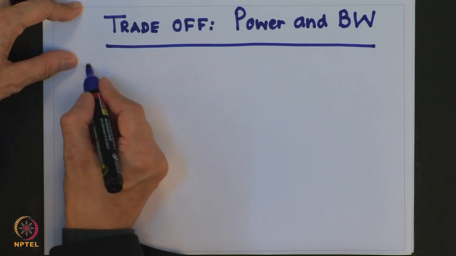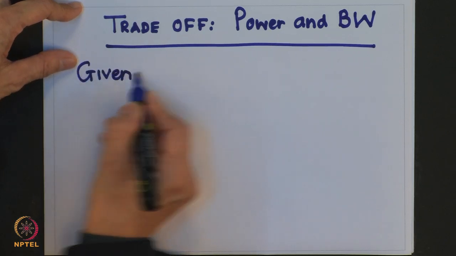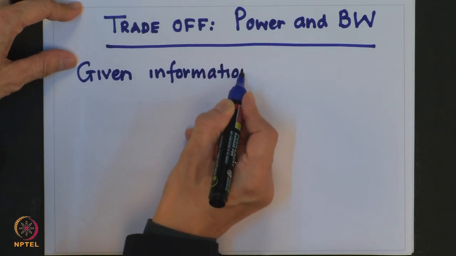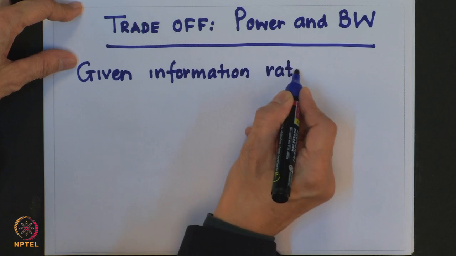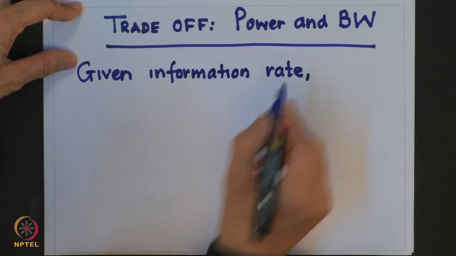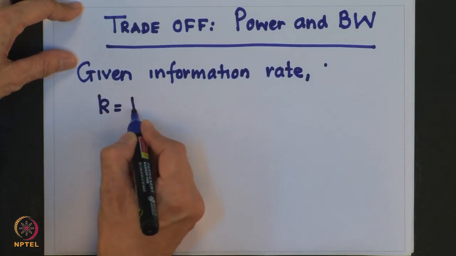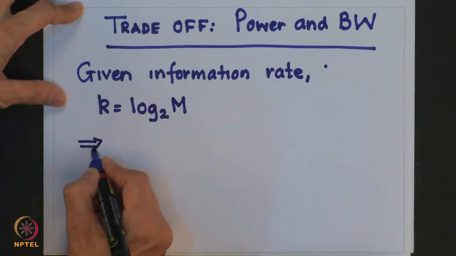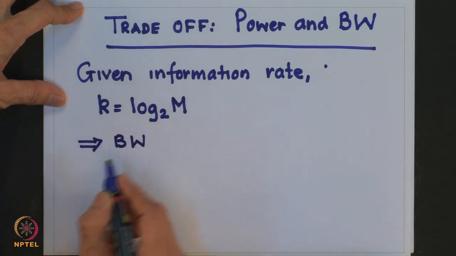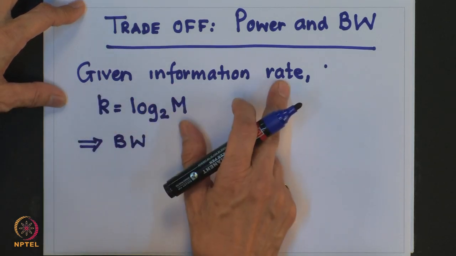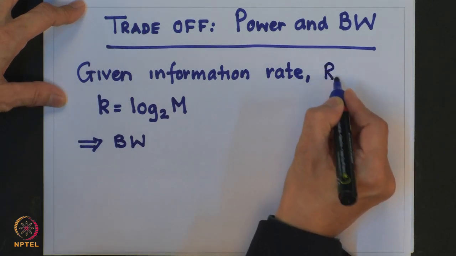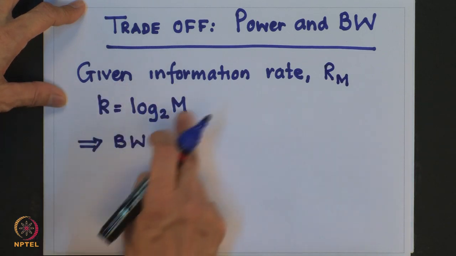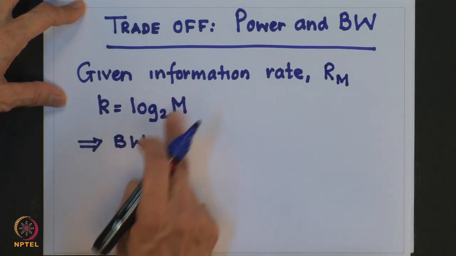So, for a given information rate, the pulse transmission rate, which is Rm, in the M-ary case is reduced by the factor k is equal to log of M to the base 2.